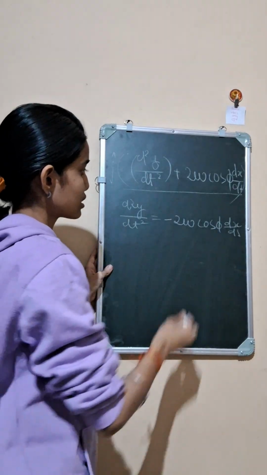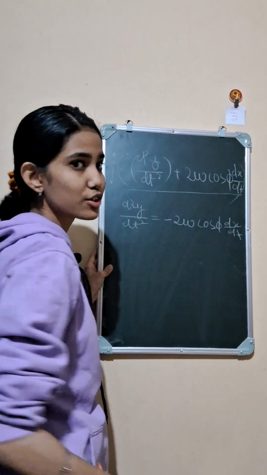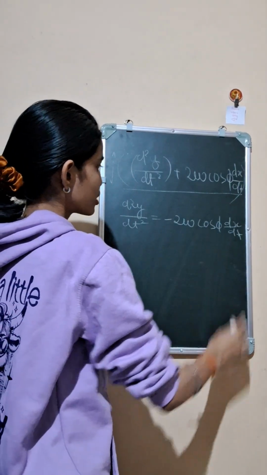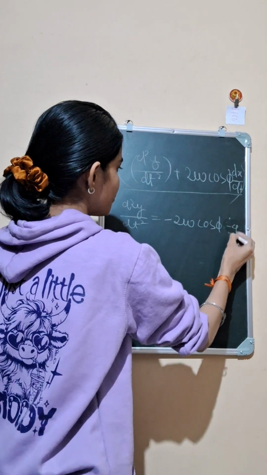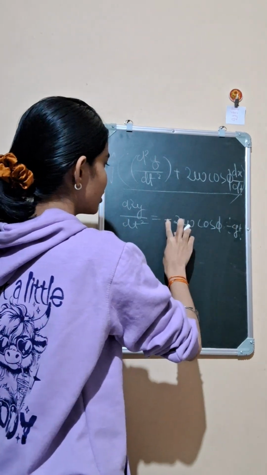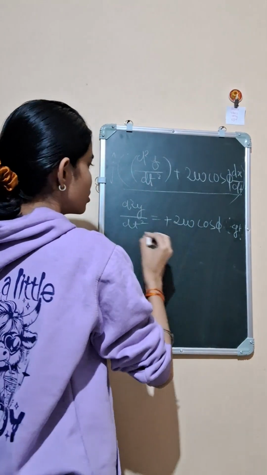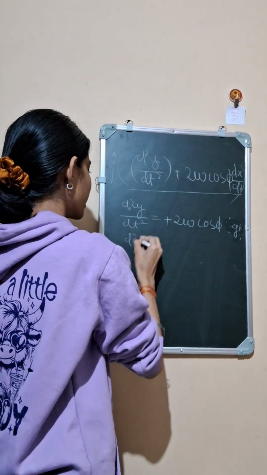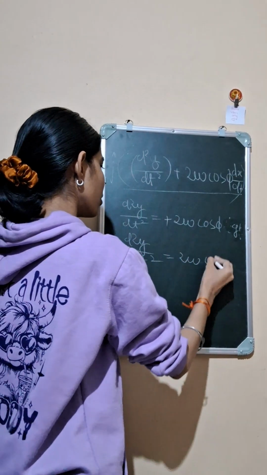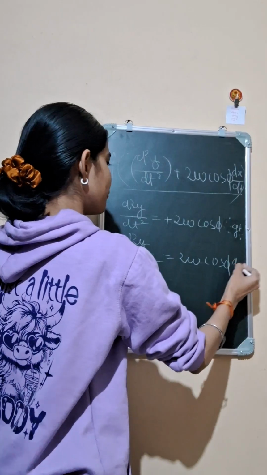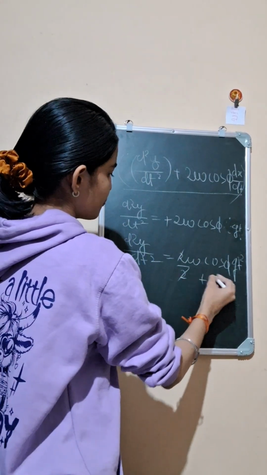So let us integrate this. We had found in the last equation that dx by dt was equal to minus gt. So we can replace it with minus gt. This negative sign will make this term positive, right? So let us integrate this. We will get dy by dt equals to 2 omega cos phi g t square by 2 plus c.